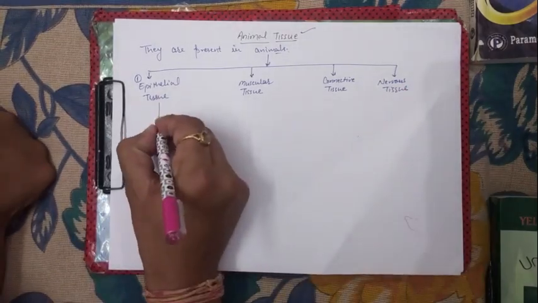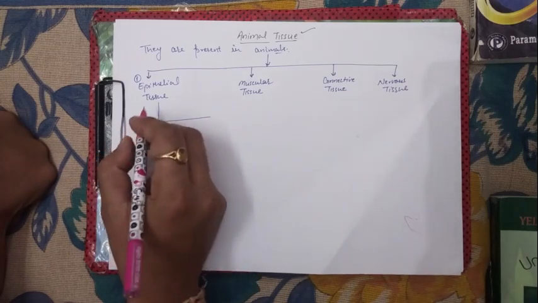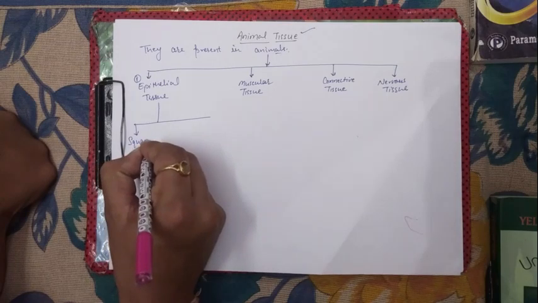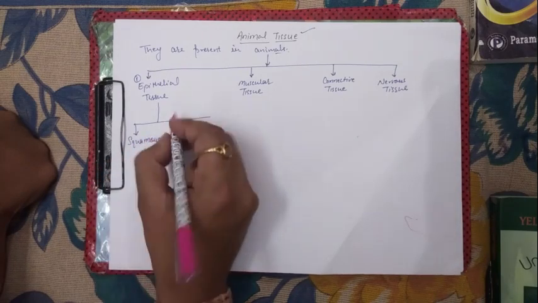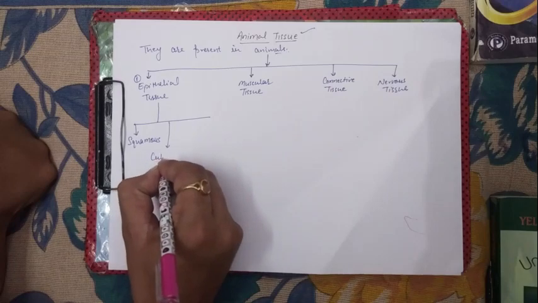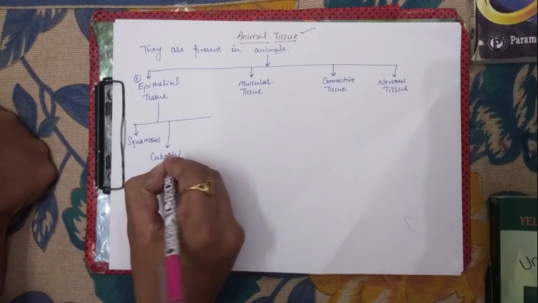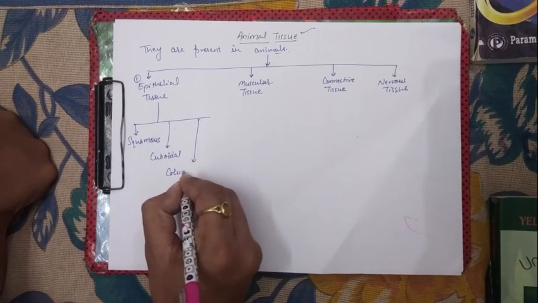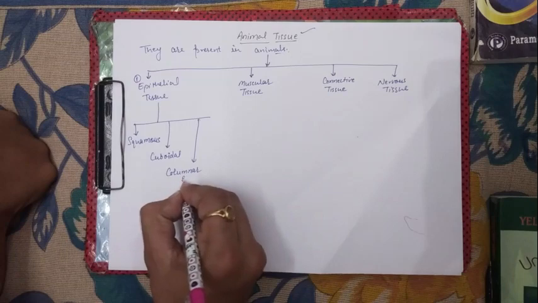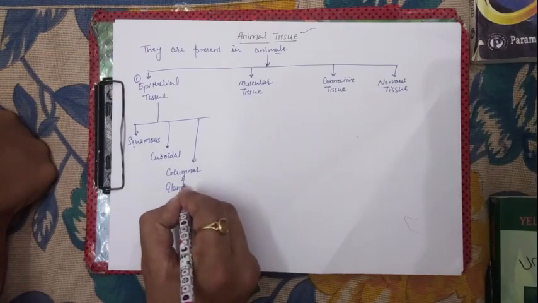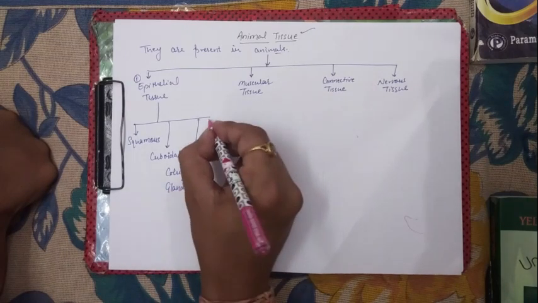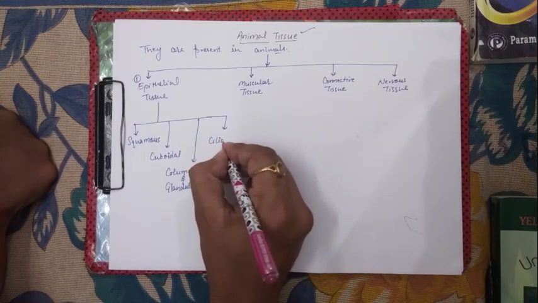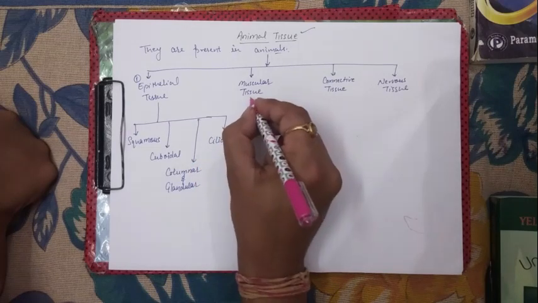Here, epithelial tissues are divided as squamous, cuboidal, columnar, glandular, and ciliated.